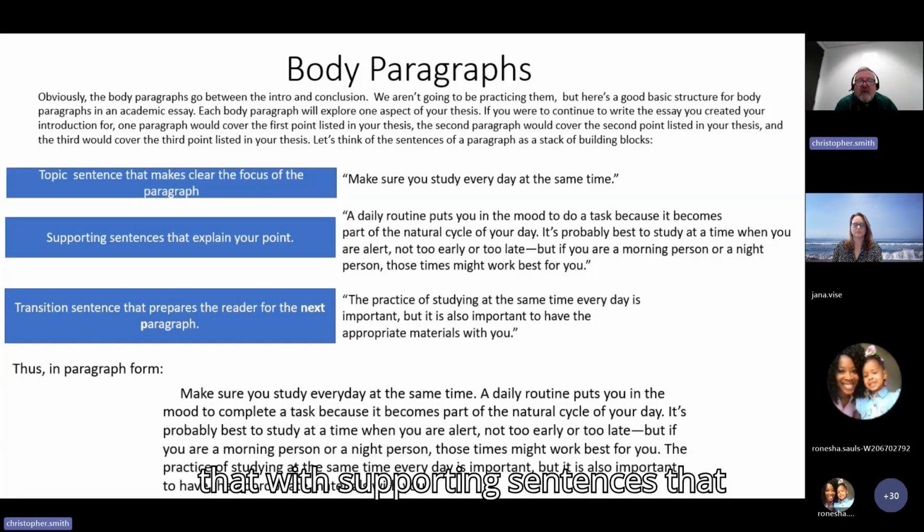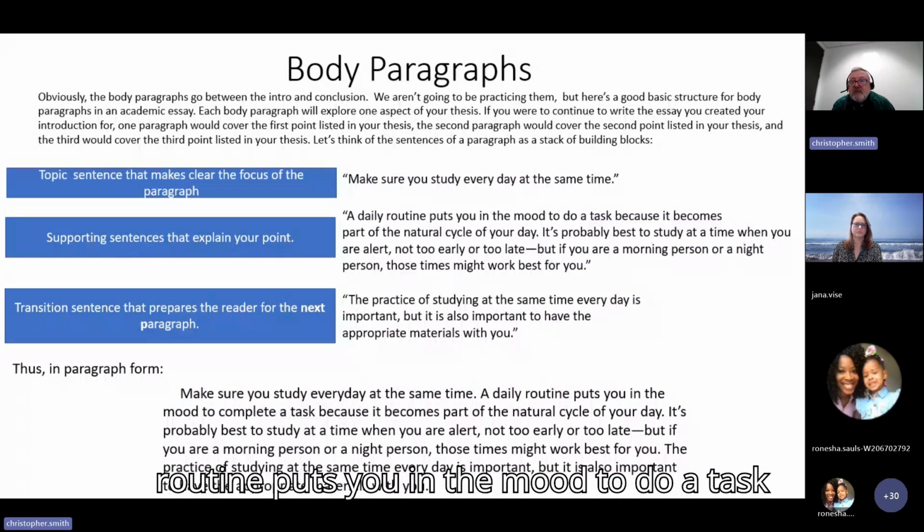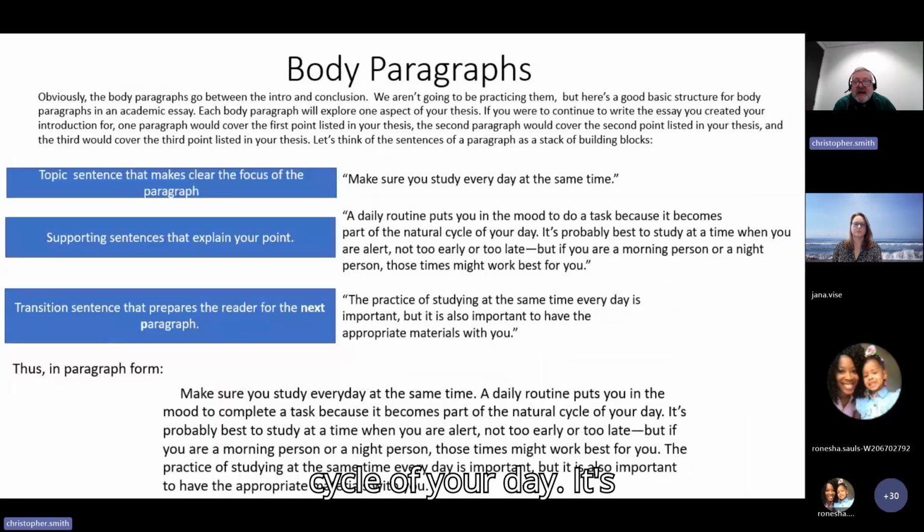Then you follow that with supporting sentences that explain your point. Daily routine puts you in the mood to do a task because it becomes part of the natural cycle of your day. It's probably best to study at a time when you are alert, not too early or too late. But if you are a morning or a night person, those times might work best for you.